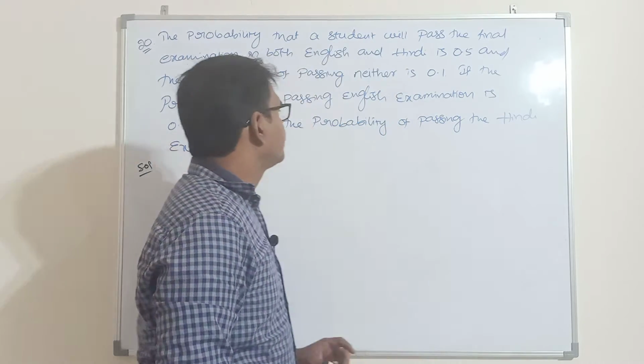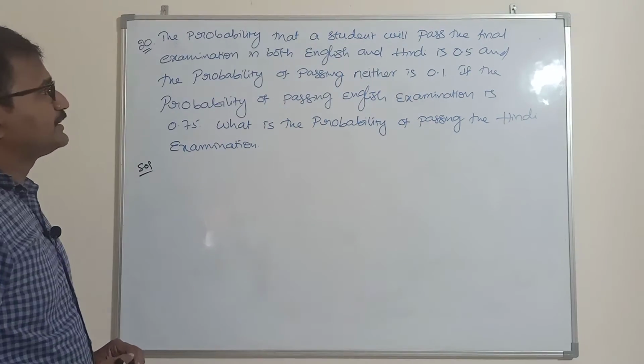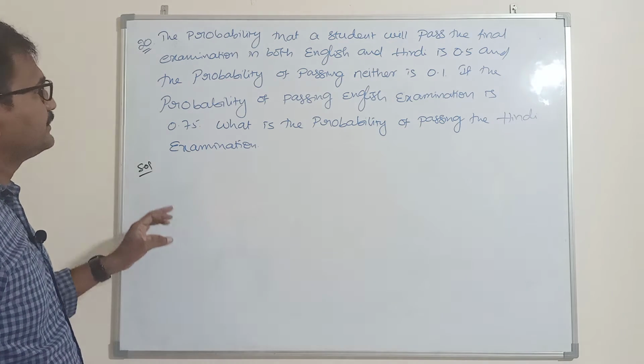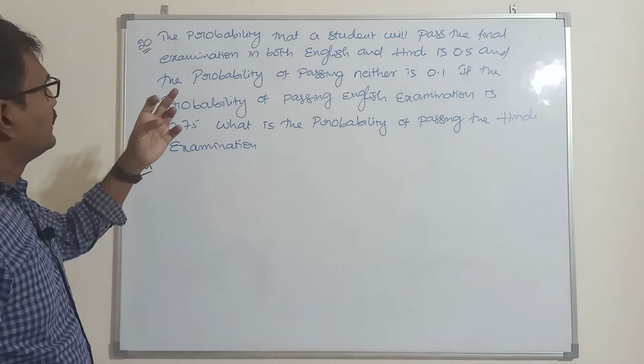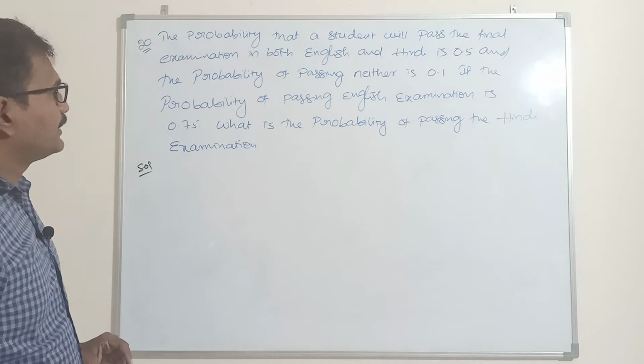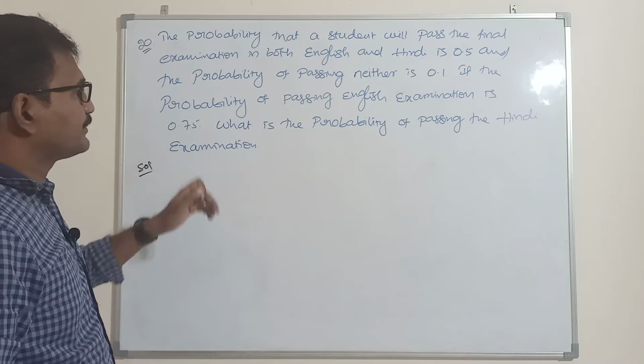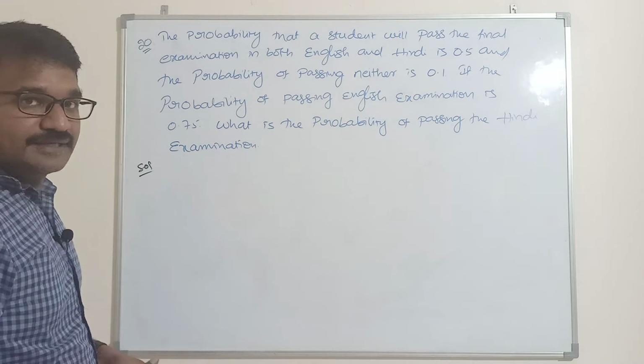Next question, question number 20. The probability that a student will pass the final examination in both English and Hindi is 0.5 and the probability of passing neither is 0.1. If the probability of passing the English examination is 0.75, what is the probability of passing the Hindi examination?